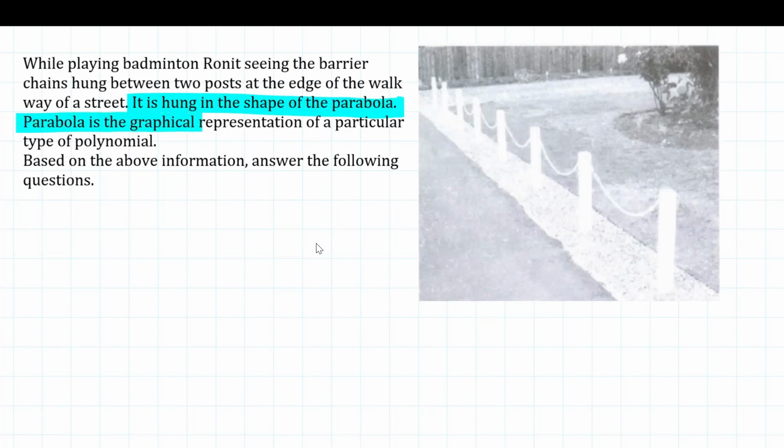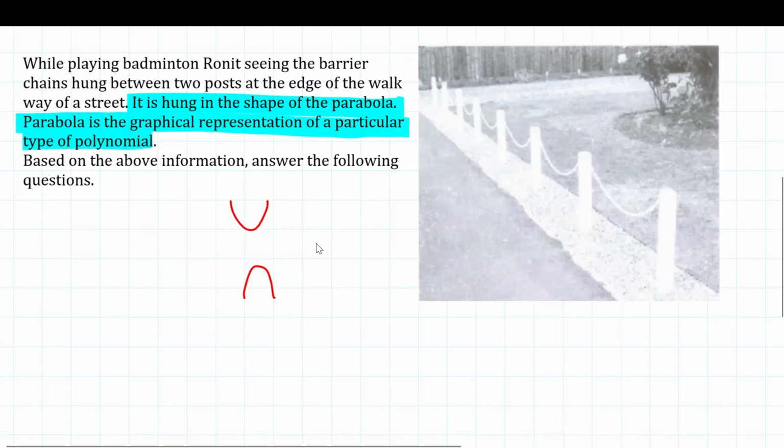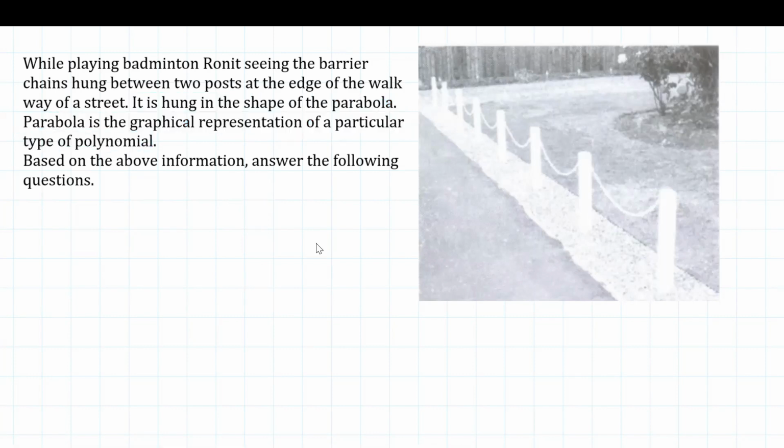And the parabola is graphically represented for a particular polynomial. So a parabola is something like this. This is an upward facing and this is a downward facing parabola. So what does a parabola represent? Quadratic, right? Quadratic polynomial. Now, based on this, we have to answer the questions.